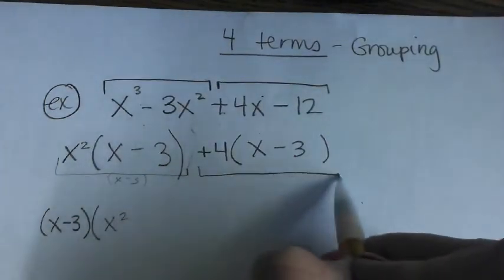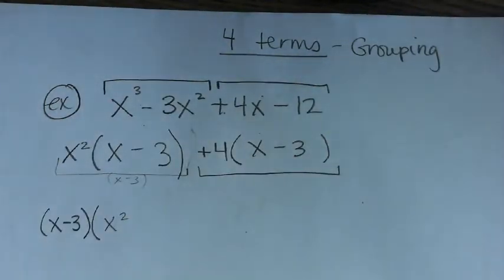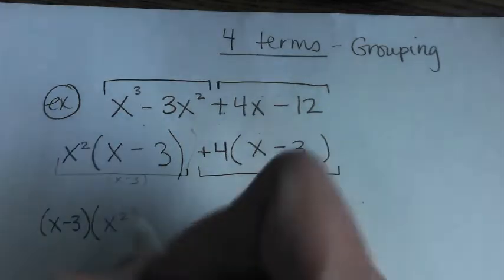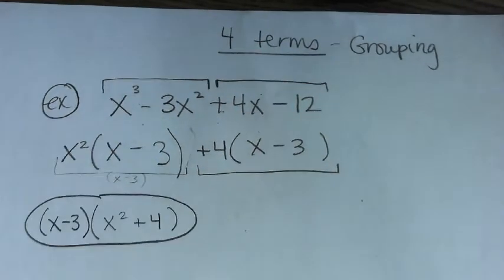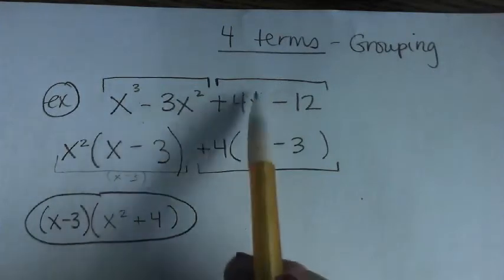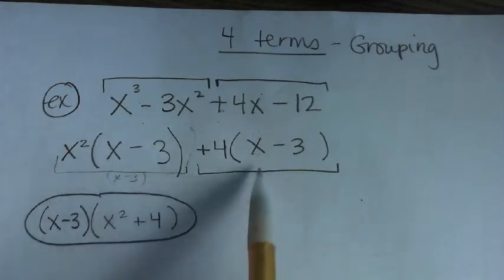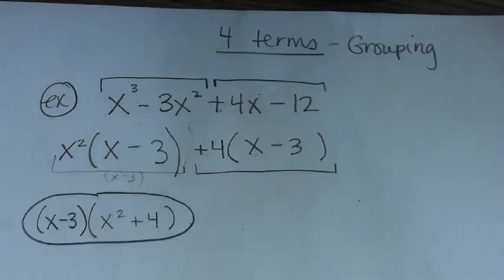And what's left of this one once I divide out the x minus 3? Just the plus 4. And I'm done. That's how you factor a 4-term polynomial. It's a mini GCF process twice, and then one last GCF process to get you there.